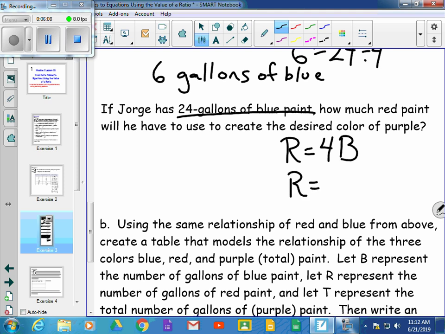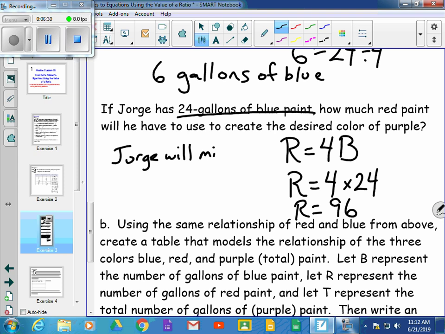I'm going to substitute the 24 in for the B this time. When I take 4 times 24, I get 96. That tells me Jorge will need to mix 96 gallons of red with this 24 gallons of blue.